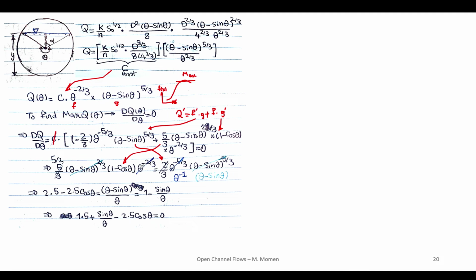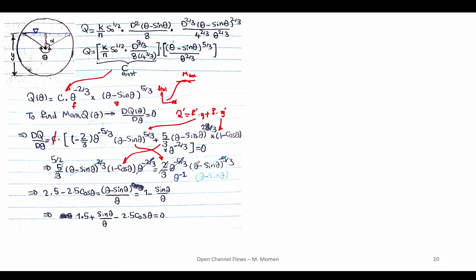equals 2/3 theta minus 5/3 theta minus sine theta to power 5/3. First of all, these two terms cancel out. Theta minus 2/3 and theta minus 5/3 are going to cancel out, and I'm going to be left with only theta minus 1.